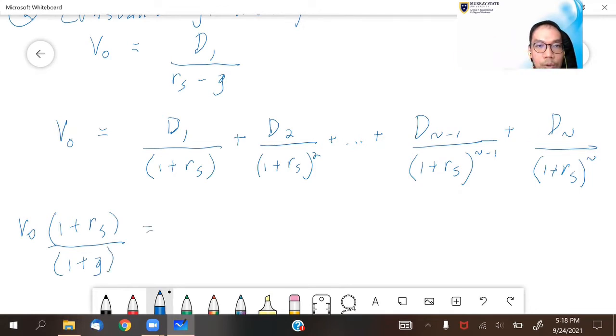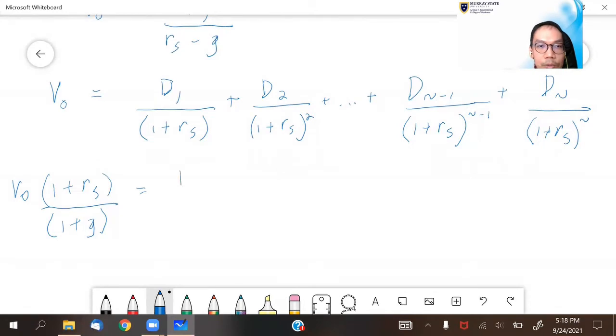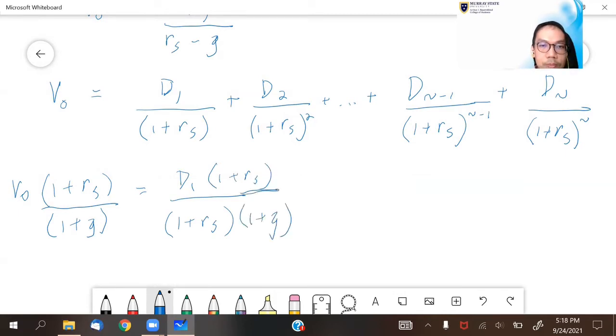We have to do the same thing to all the terms above. So D1, originally you have this one, but now you multiply it by (1 plus RS) divided by (1 plus growth).